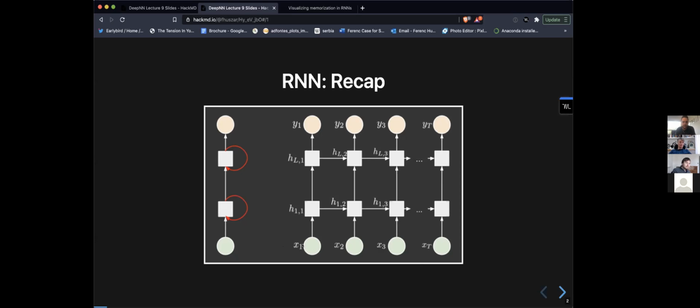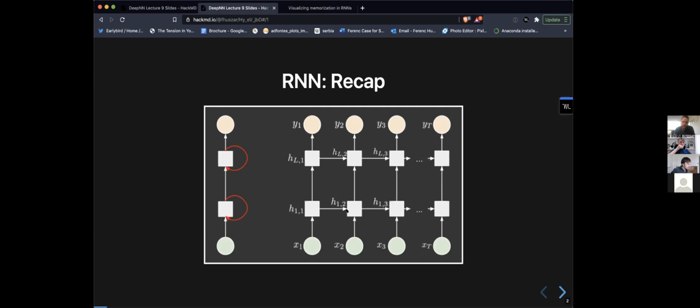Time goes from left to right as we progress through the sequence, and from bottom to top we have various layers of this recurrent neural network. Here I show a 2-layer recurrent neural network with some outputs y coming out at the top.